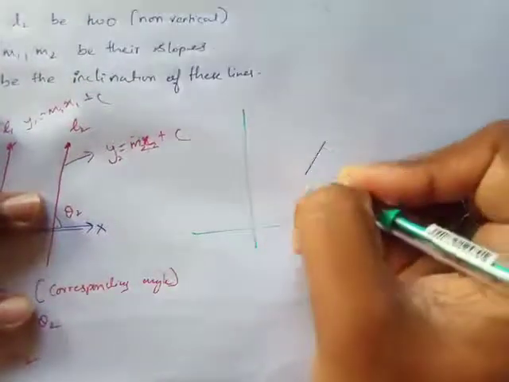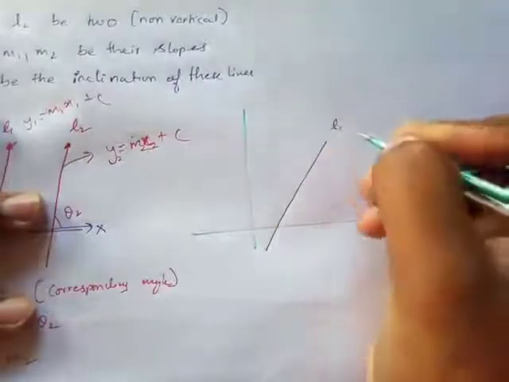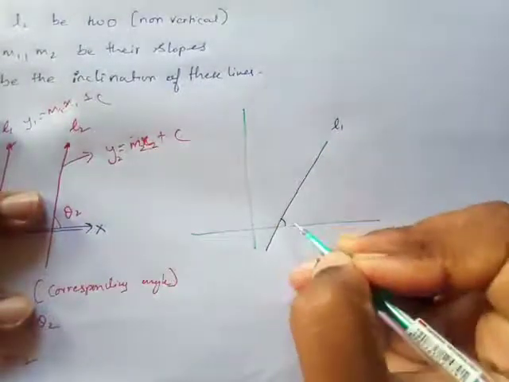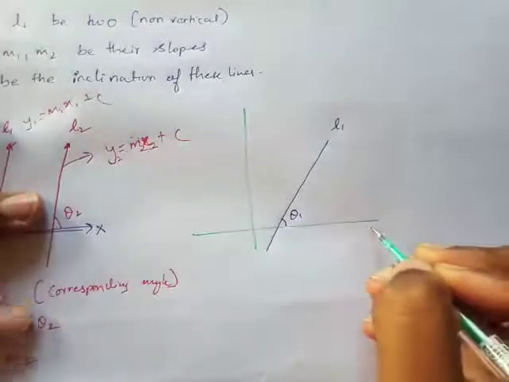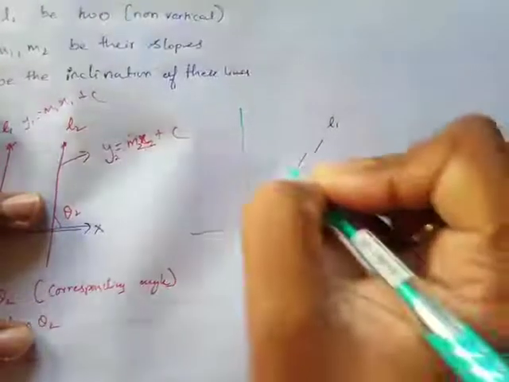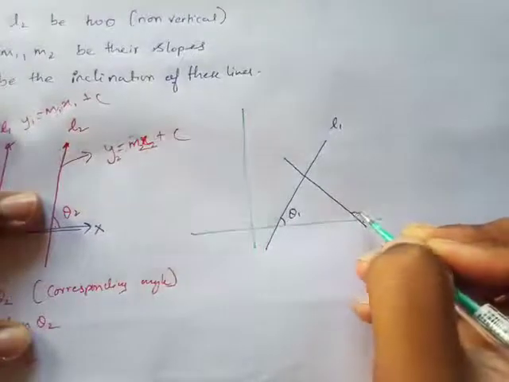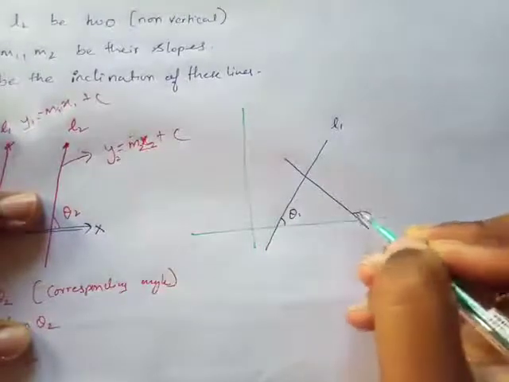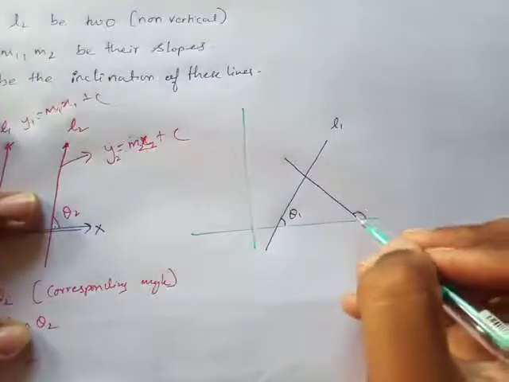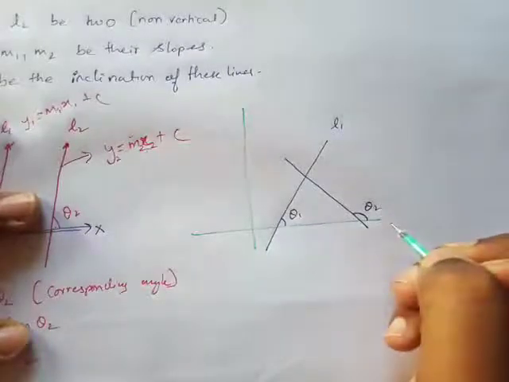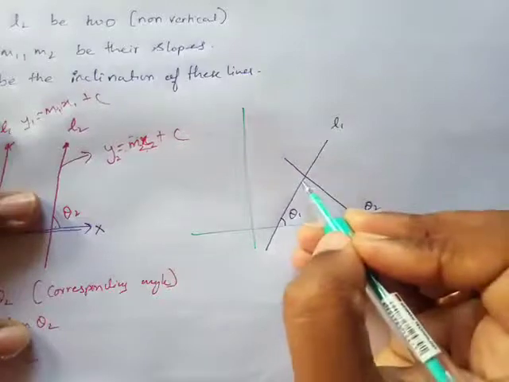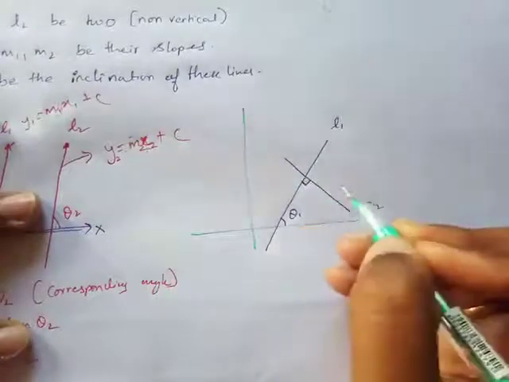One line is L1, and the angle it makes is theta 1. There's another line coming like this, and the angle it makes with the x-axis, measured anti-clockwise, is theta 2. Both lines are perpendicular to each other.